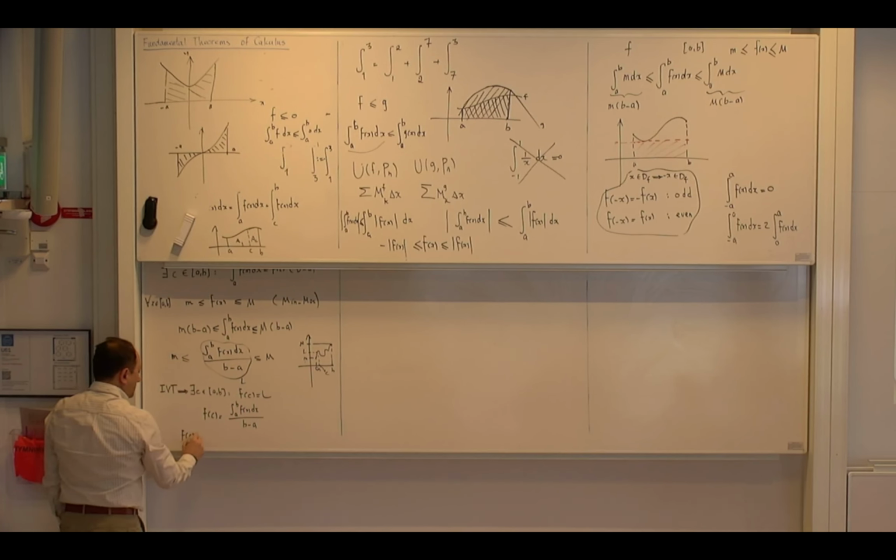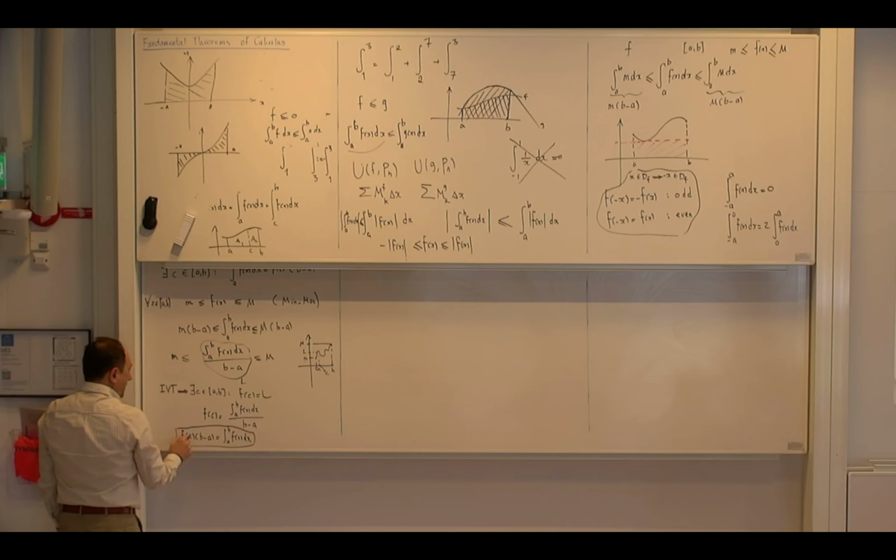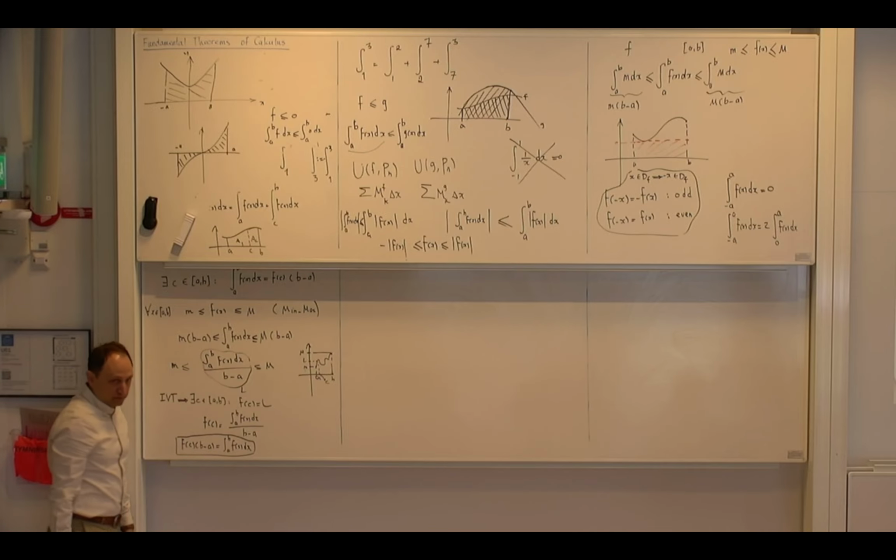So f of c times (b minus a) becomes equal to the integral from a to b of f of x dx. Again, I am not saying that I know what c is. I know the existence of such a c, that when I calculate f at that c and multiply it by b minus a, it becomes exactly the value of my integral.